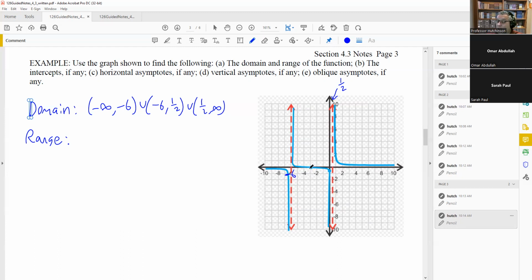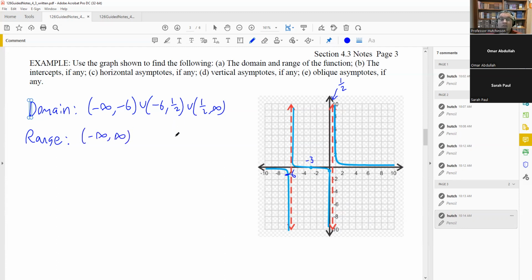In fact, there's a dot right there, and this dot is at -3, but it's included. So that means that all y values on this graph are actually going to be included, all the ones going above and below. So I know for sure that for this particular graph, the range is going to be -infinity to +infinity.